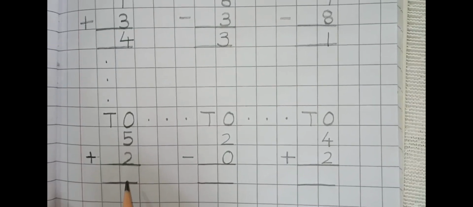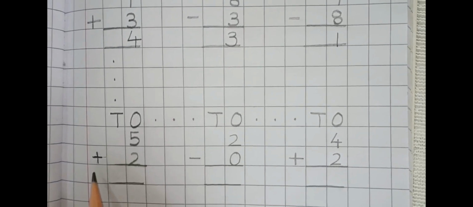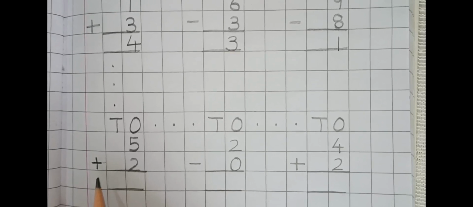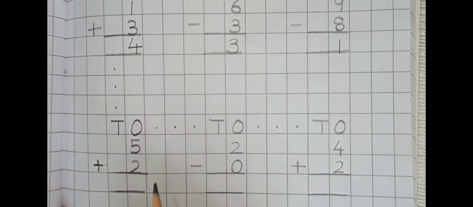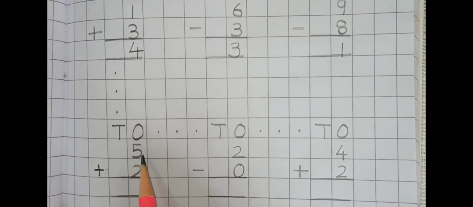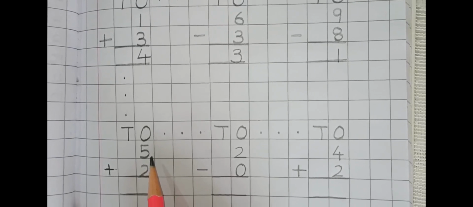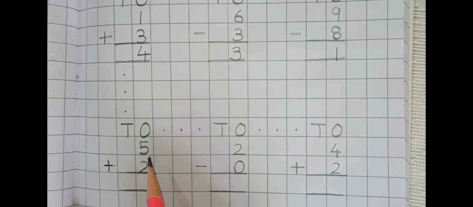Now next sum. First we have to see the sign. This is the sign of addition. In addition, we always keep the bigger number in our head. Which is the bigger number? Yes, 5 is the bigger number. So we'll keep 5 in our head. And which number do we have to keep in our fingers?